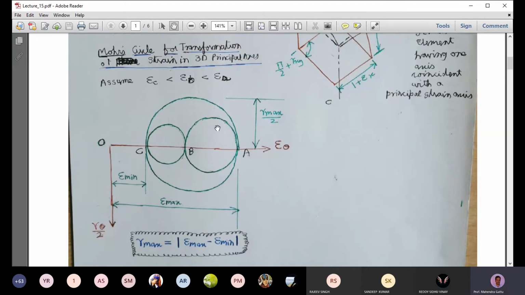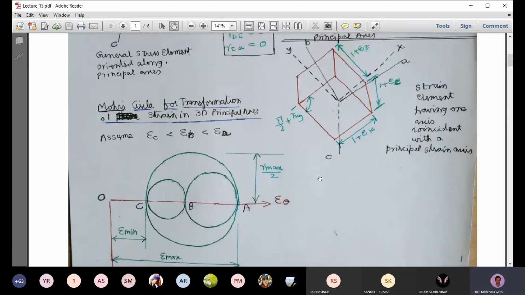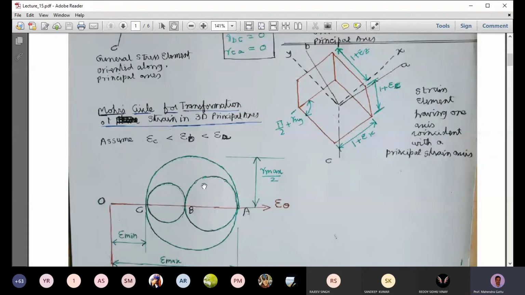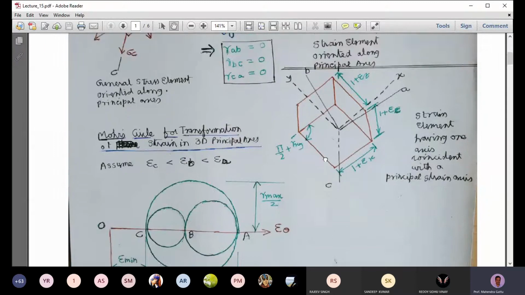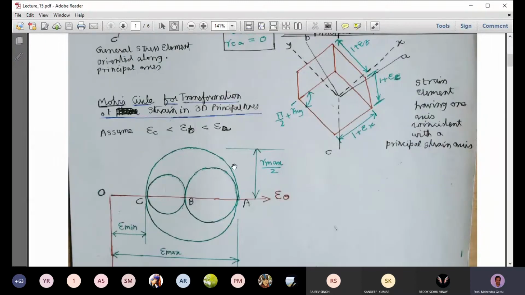So this is what we have, and you note that this is an out of plane shear strain. So AB will be the in plane shear strain, and the shear strain corresponding to AC will be the out of plane. So there will be rotation in the z direction, I think.